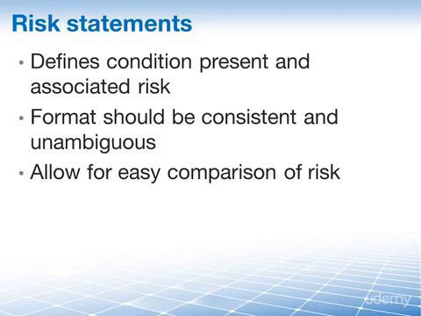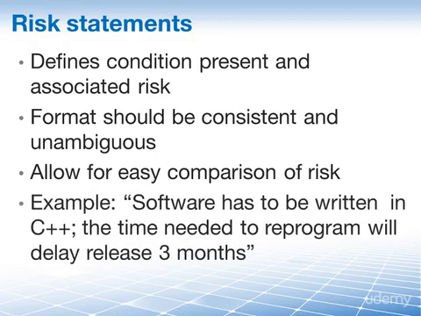An example for a risk statement might read something like this. Given the change in scope being considered, it is likely that a large part of the software must now be written in C++. The time required to obtain additional resources and rewrite the code will extend the project's schedule by 3 months.